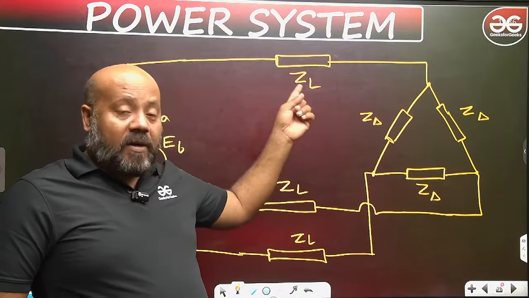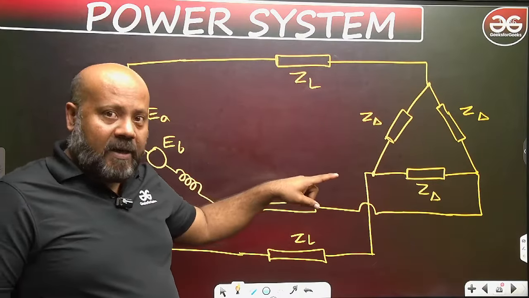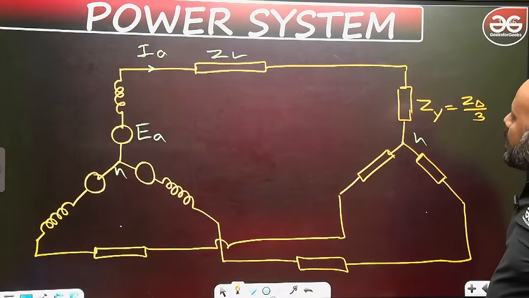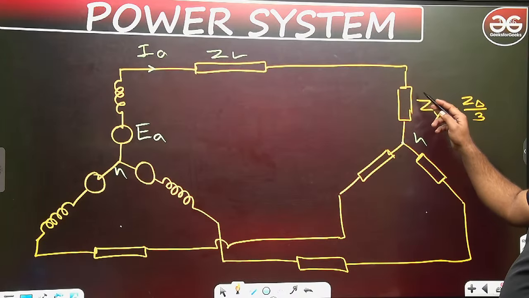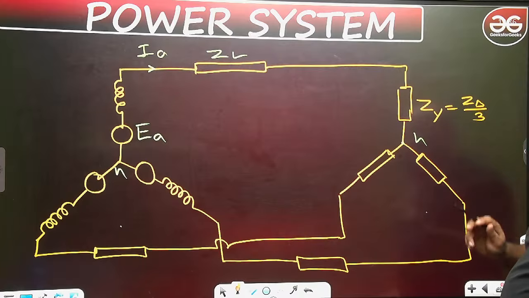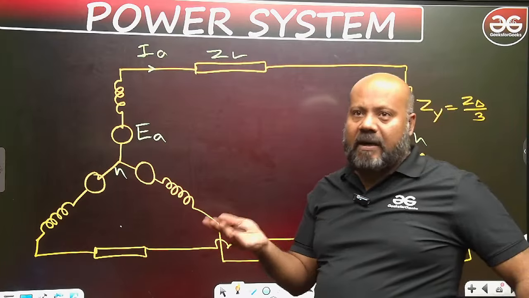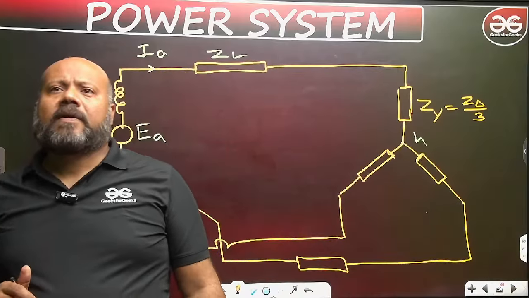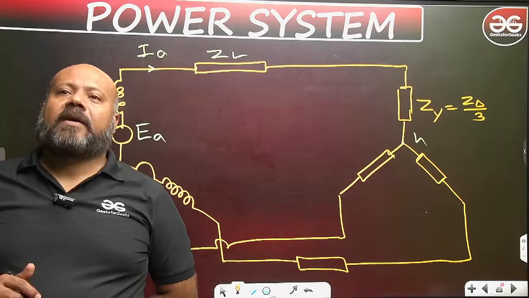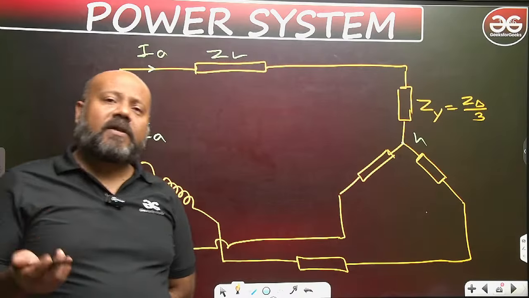The moment you transform it into the star connected load, you get a circuit like this. Now here the per phase impedance in case of a star connection becomes 1 by 3 times the delta connected load. You know this transformation, star delta, delta star transformation. Yes, Vivek Sadhwani, right. Just convert it into the star.